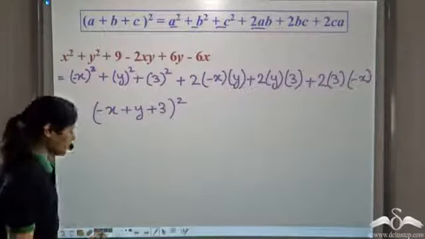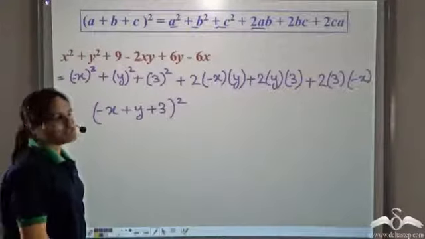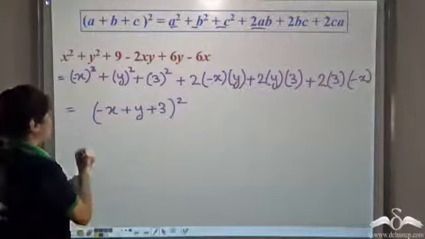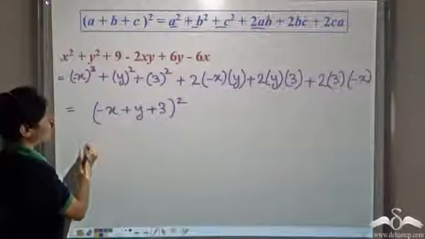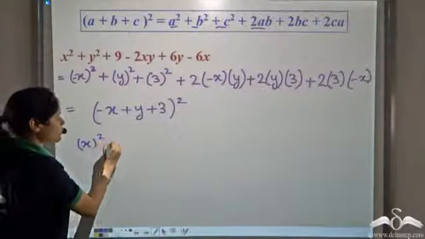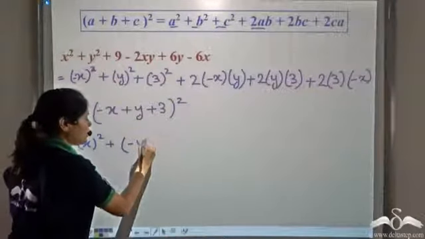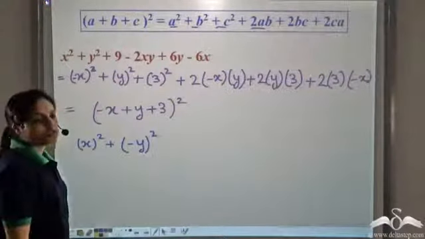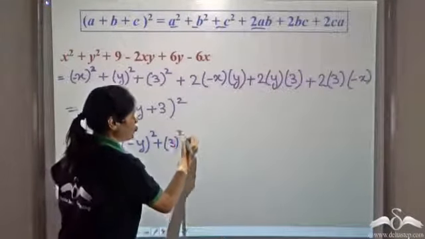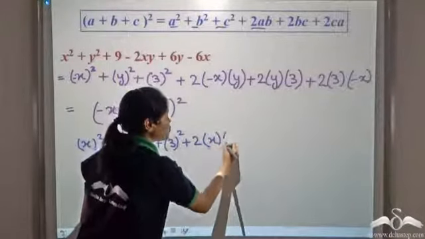Now you may ask me, what if you would have taken x as the positive term and y to be negative? Let us see what we get. So we write it as x whole square. Since we are assuming the negative sign to be with y, we write it as negative y whole square plus 3 whole square plus 2 into x into negative y.